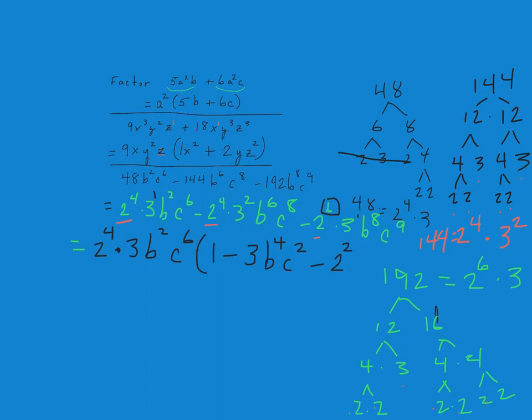B, there would be 6 factors of B remaining, and 3 factors of C remaining, and then we close our parentheses. And that's it for that one. And that is about as complicated as a greatest common factor problem is likely to get. So let's move on to a different type of factoring in the next video.